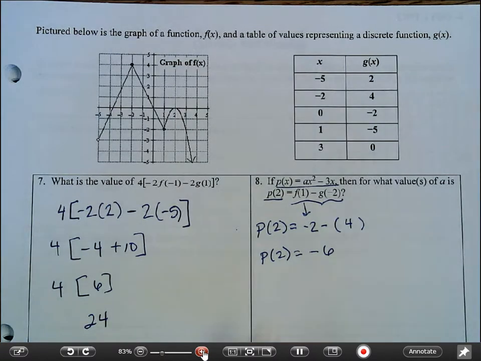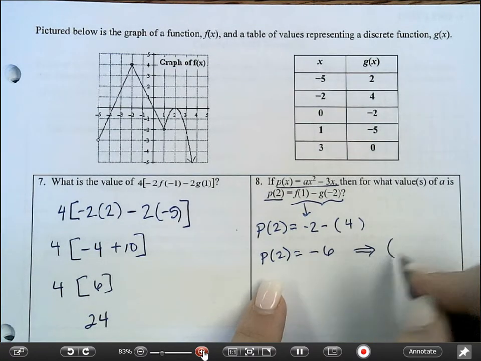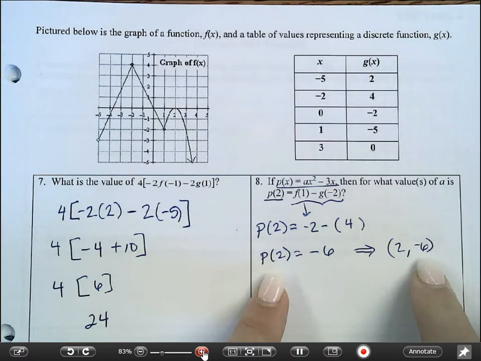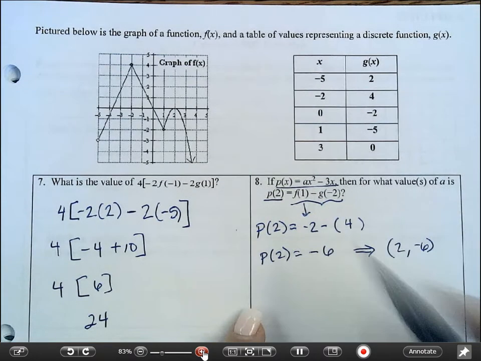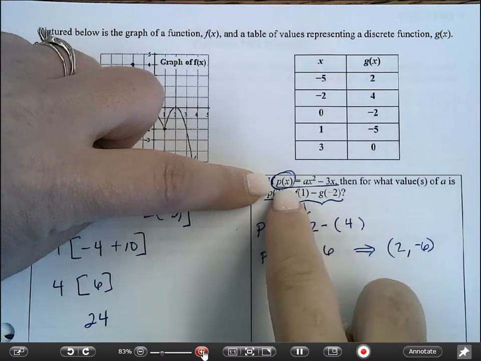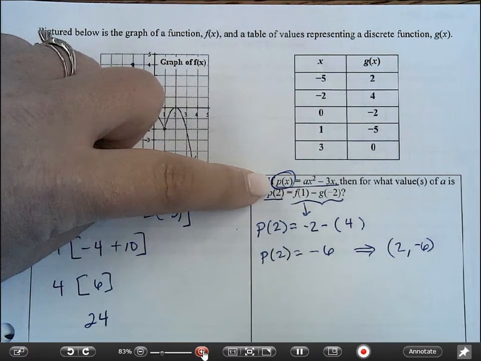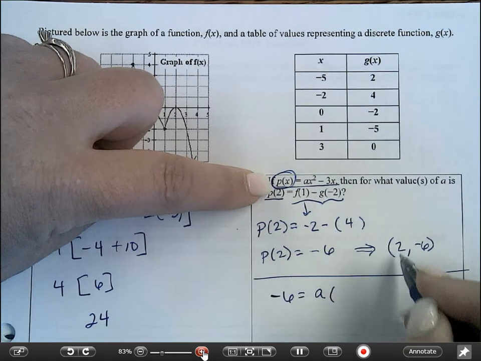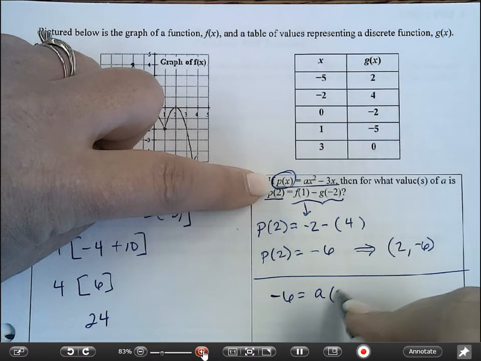So this translates into an xy coordinate. Okay, so that means I now can take my p of x, which is the y coordinate, is -6, is equal to a. My x value is 2.